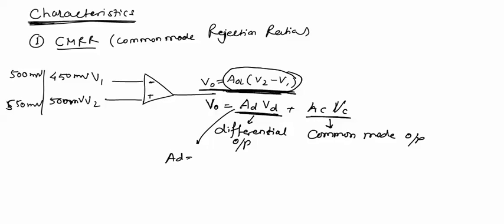AD is called differential gain, and this differential gain is our open loop gain which we have considered up to now, and VD is equal to V2 minus V1.